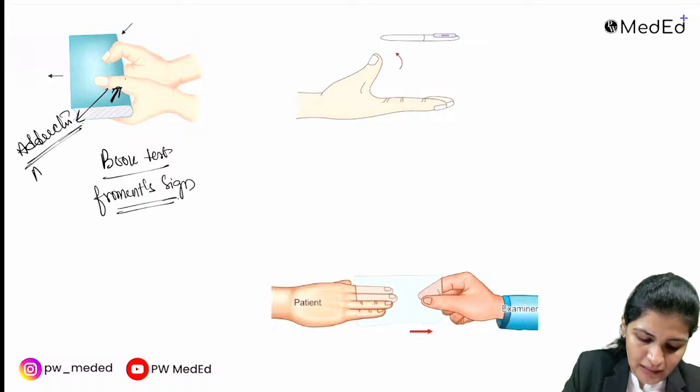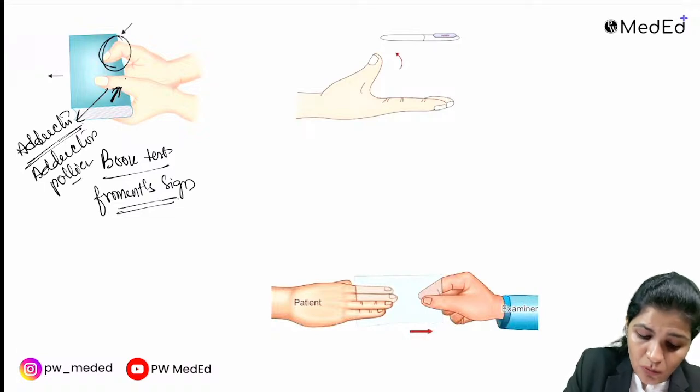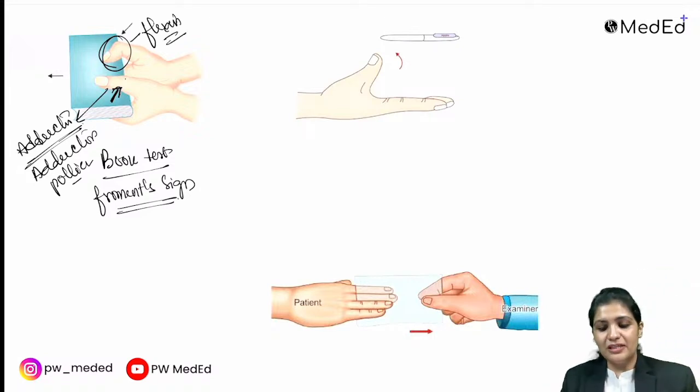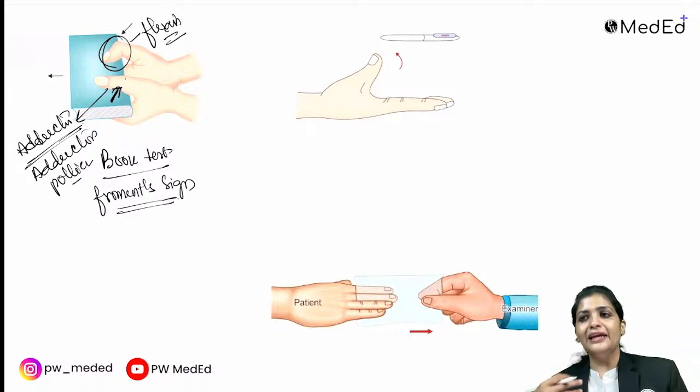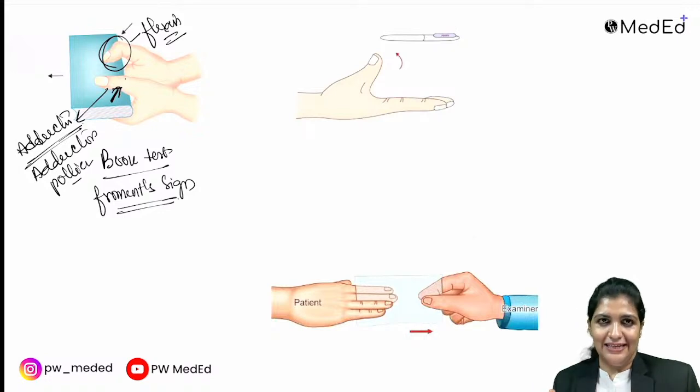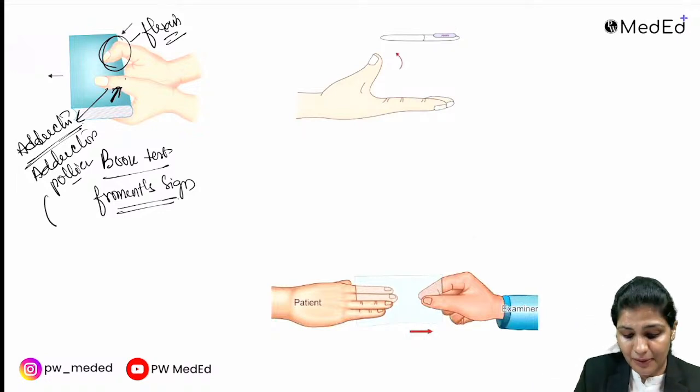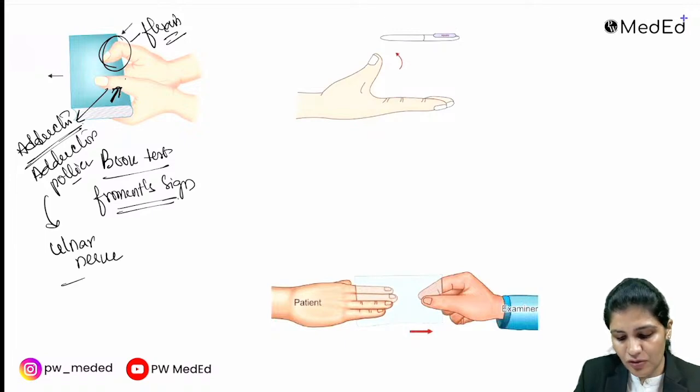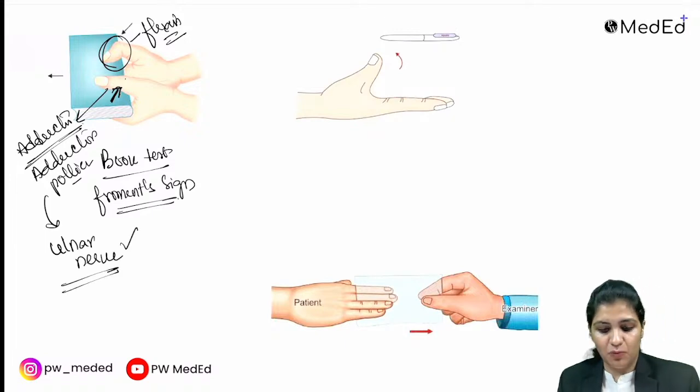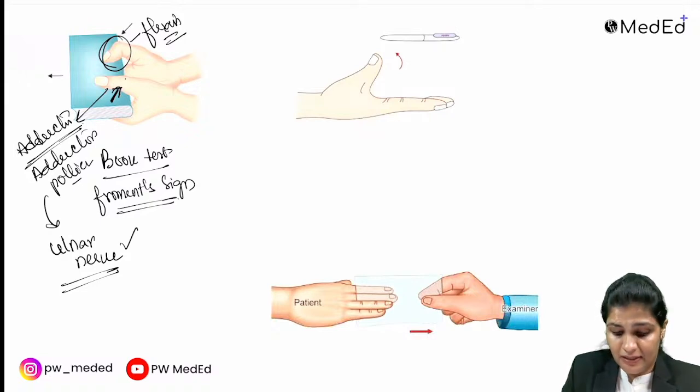So he is using the adductor pollicis, right? If you remember, the adductor pollicis is supplied by your ulnar nerve, right? So in case of ulnar nerve palsy, you see what is called the book test.